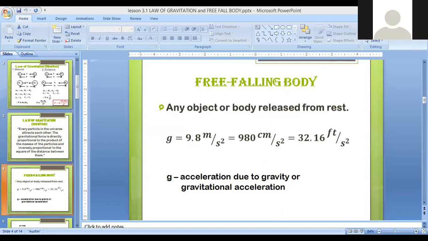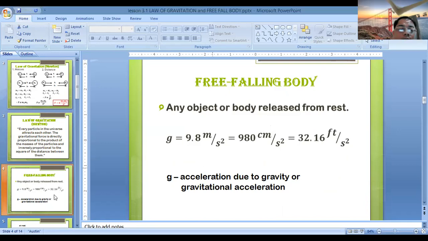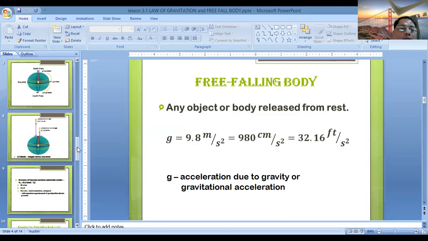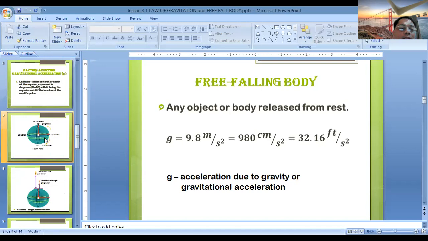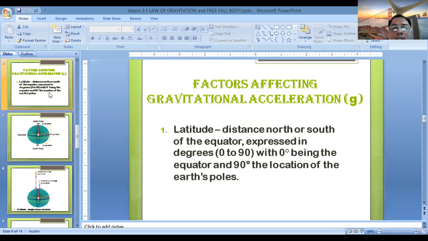We came up with quite a number of equations last time for the free falling body.